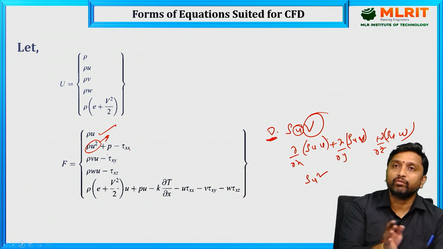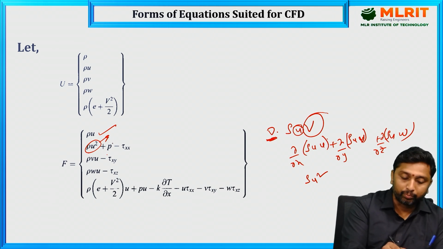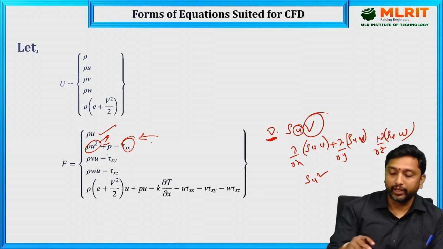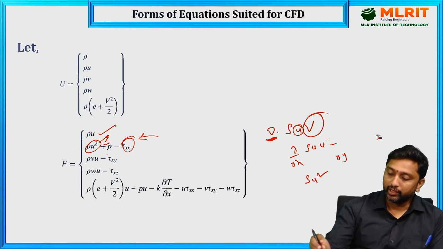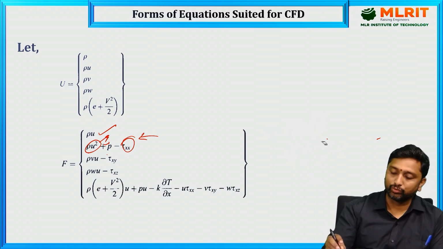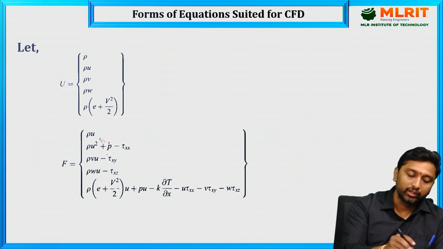So when you bring everything to the next step, minus p will become p, and tau xx, which was plus, plus tau xz, will become negative. So we are trying to equate into the source terms. We'll come across what source terms are later. For now, let us understand that this is nothing but the equation.